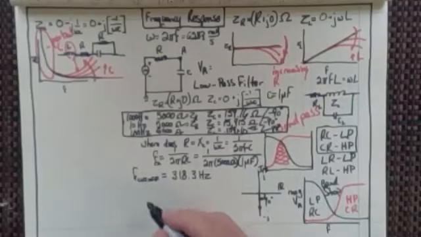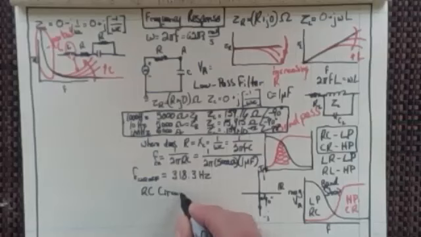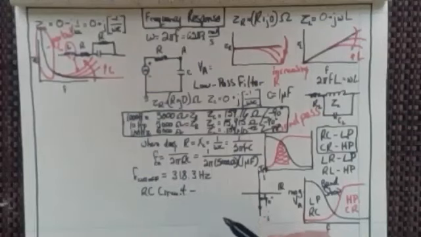Here's another thing. How do I remember that our RC circuit is a low pass filter and not a high pass filter? I'll tell you how I remember it. When I was a kid, we used to have this cola called RC Cola, and it was horrible tasting.